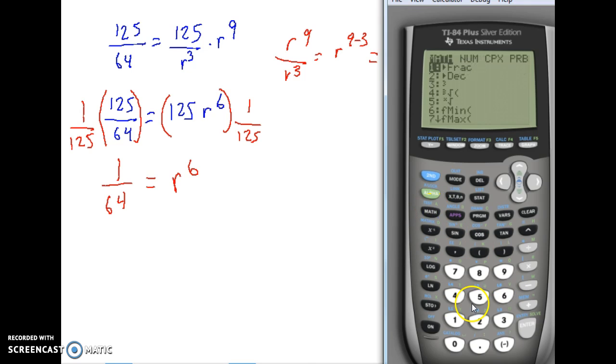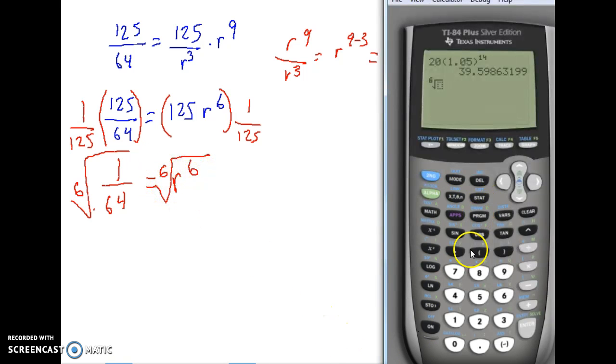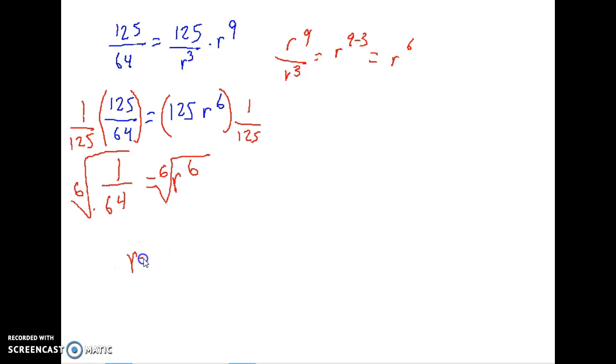Go back to math, press 5, and now I'm about to take the 6th root, because on this page I have to take the 6th root in order to get rid of the 6th degree. So I'm going to plug in 1 over 64, close parentheses, press enter, and I get 0.5. So r is equal to 0.5, which is the same thing as 1/2, either one.